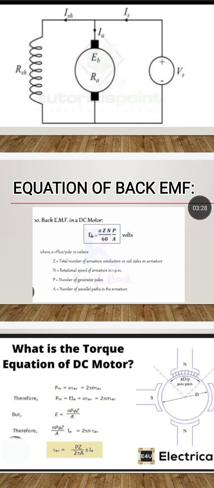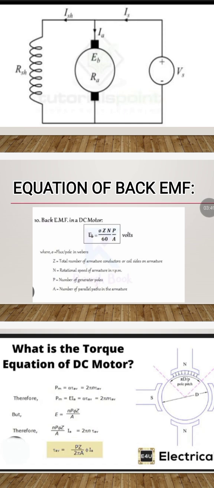Now let's have a look at deriving the torque equation for a DC motor. First of all, let's see what is meant by torque. Torque is a turning effect produced by a force, and is known as torque or moment. Torque is a vector quantity, that is, it has both direction and magnitude.